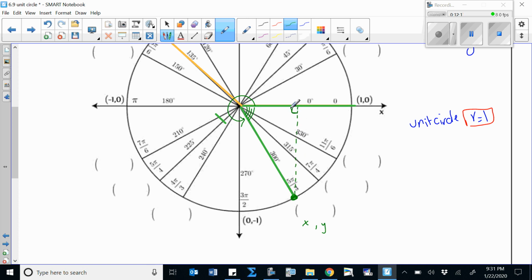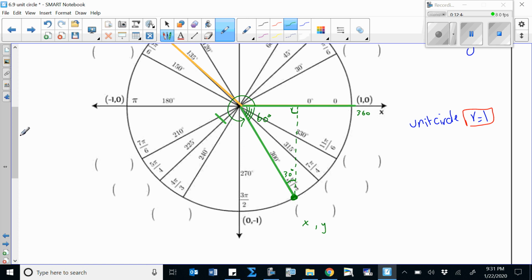And I'm going to have a special right triangle here. What are the angles here? If this is 360, we know that the whole circle is 360. And this is 300, so I subtract them. This angle will be 360 minus 300, and it's 60 degrees. And of course, this one will be 30 degrees.